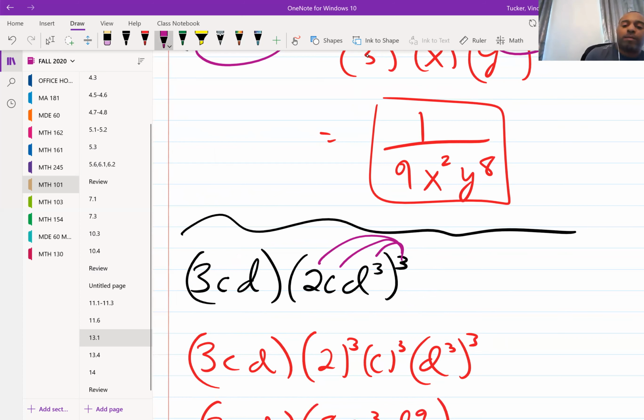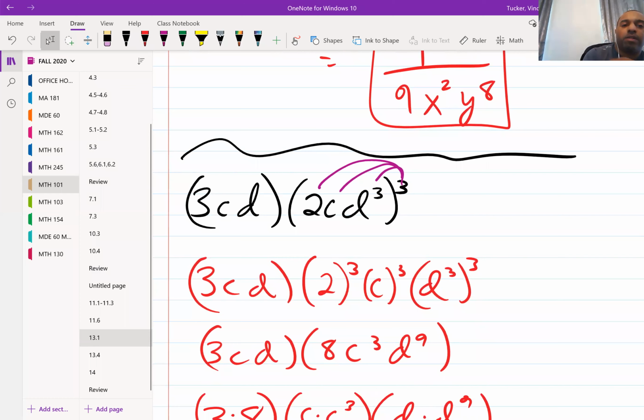So that's what happens right here. 3cd stays the same, but then you have 2 cubed, c cubed, and d cubed. All right, so I went ahead and simplified this. So 2 cubed, 2 times itself 3 times, is 8. c cubed is just c cubed, and then d cubed. Remember, you multiply your exponents. That's why we have d to the 9th.